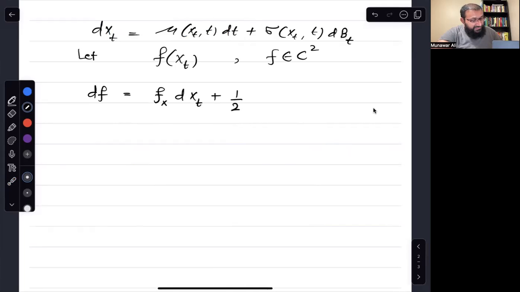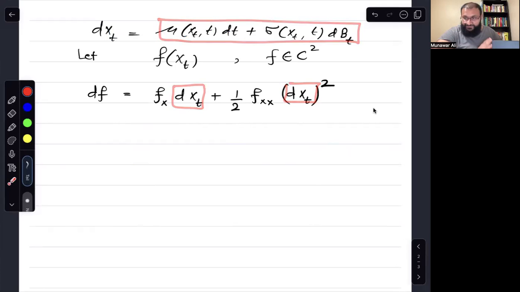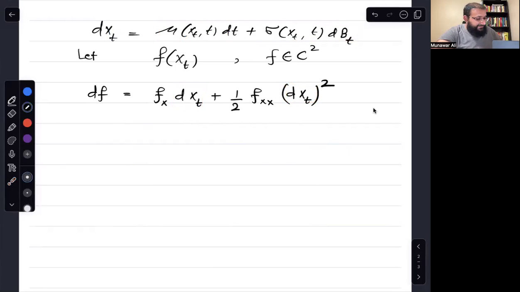Plus 1/2 second derivative, it means fxx, a second derivative with respect to x, and dXt squared. Okay, now I will put the value of dXt here and dXt here. This is the next thing that I'll do.